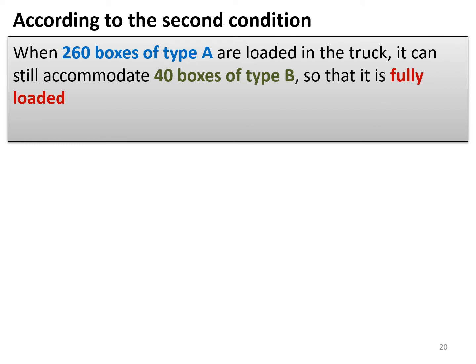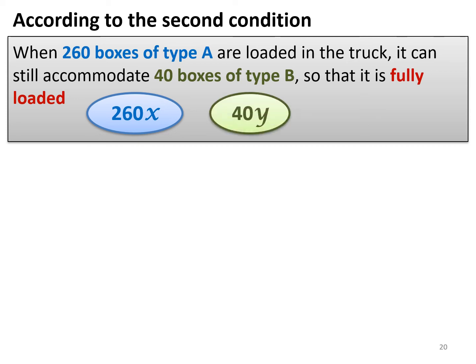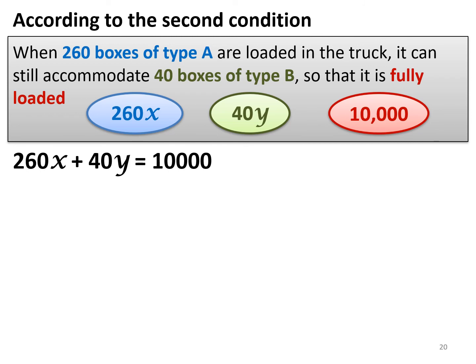That means 260 boxes of type A is nothing but 260x. 40 boxes of type B is nothing but 40y. The fully loaded truck is nothing but 10 tons. 10 tons converted into kgs is 10,000. So my second equation goes as 260x plus 40y is equal to 10,000.